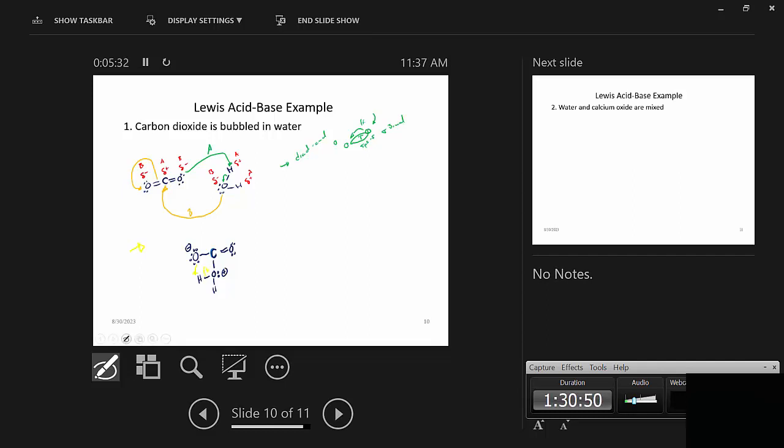Yellow's not good for contrast, is it? Go to orange. So this sp3 lone pair gets pushed into this S and it kicks these bonding electrons out like that. And then what forms? What forms is going to look like this. So we have this.